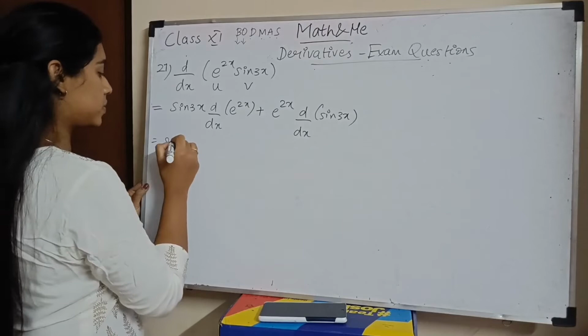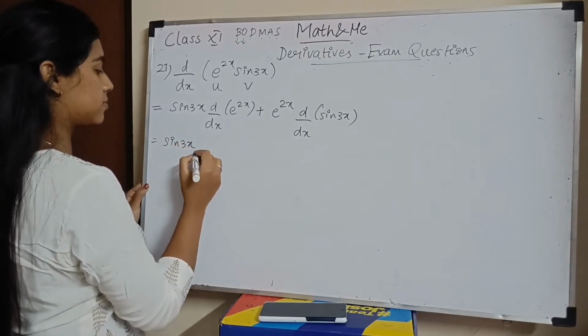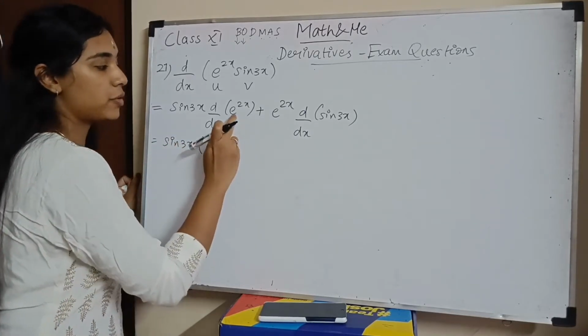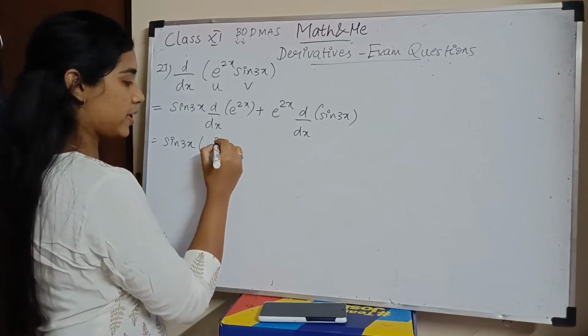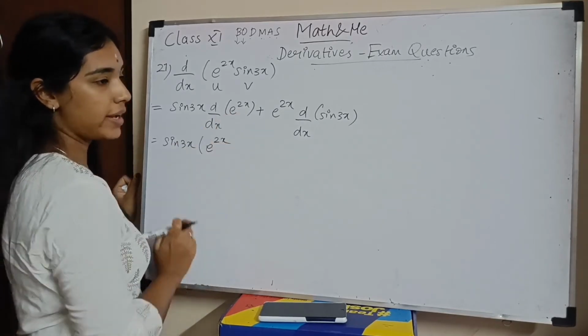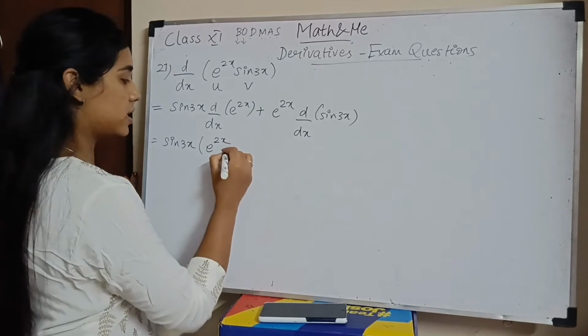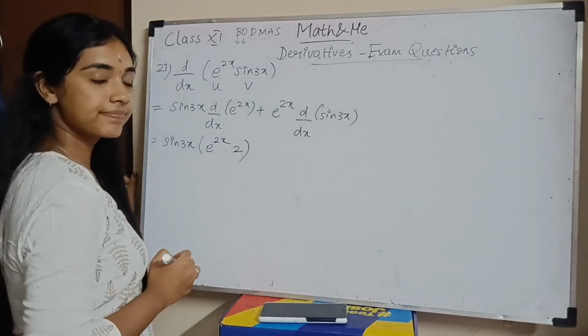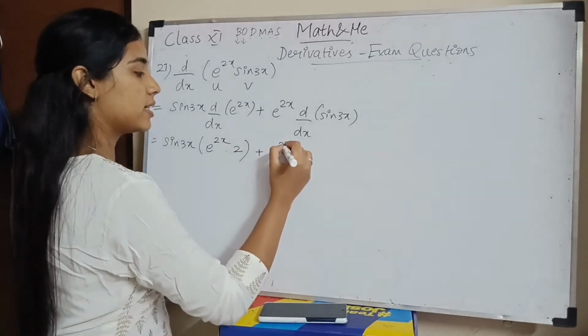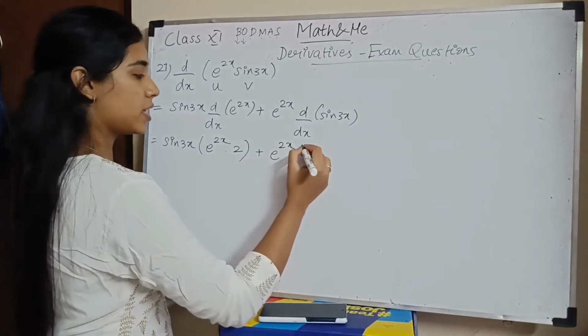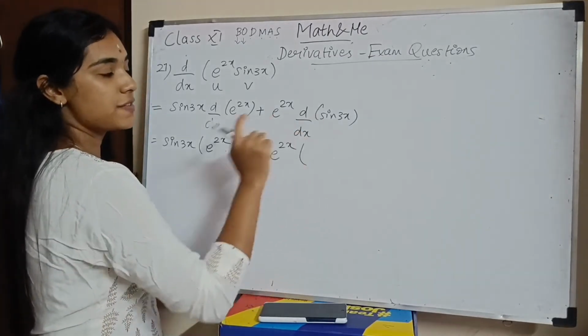Next step, sin 3x times derivative of e to the x is e to the x, but you also have a 2x. So derivative of 2x is 2, plus e to the 2x times d by dx of sin 3x.